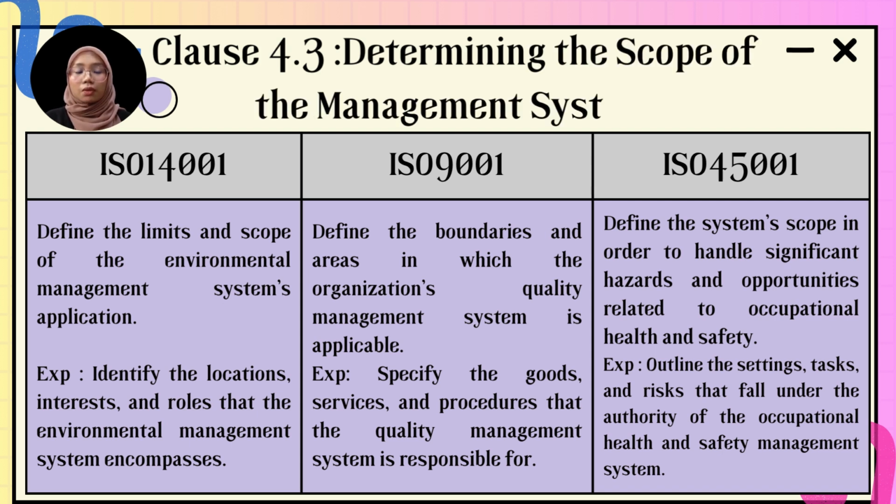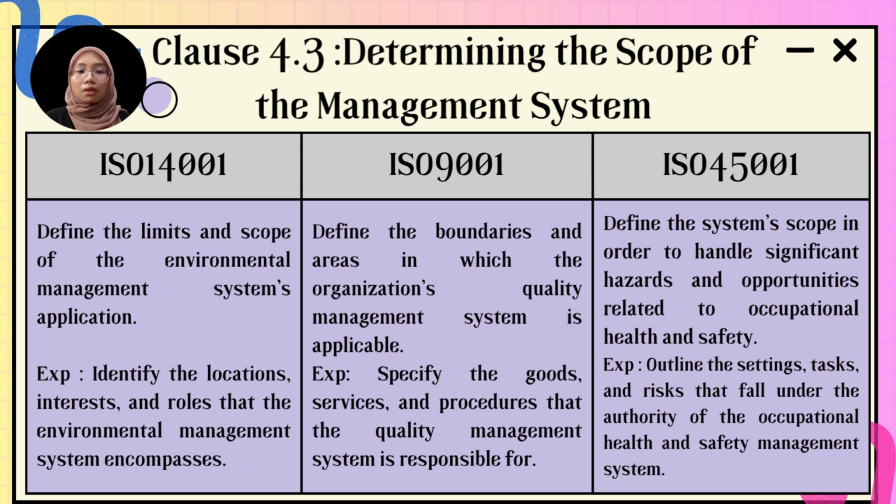For ISO 14001, it focuses on defining the limits and scope of the environmental management system's application. For instance, organizations can identify the locations, interests, and roles that the environmental management system encompasses.